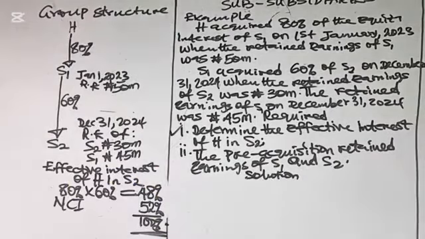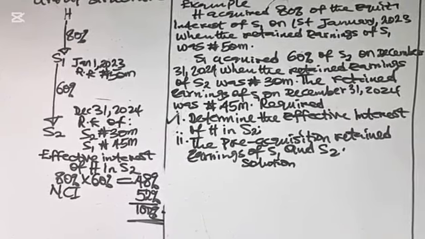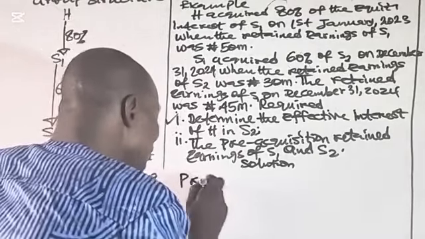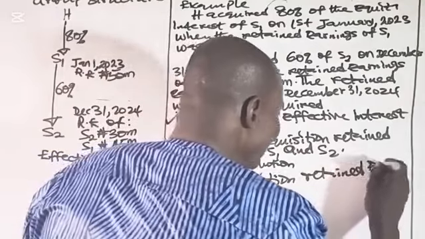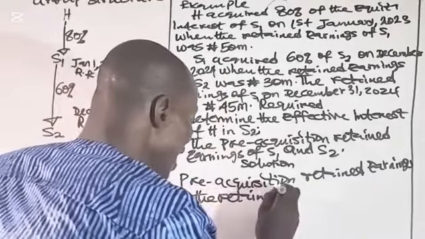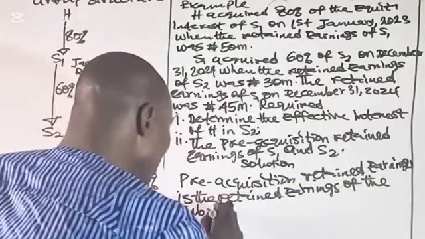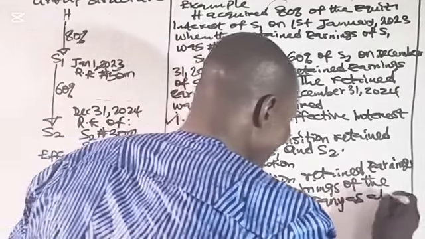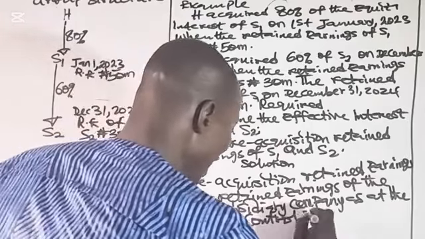The pre-acquisition retained earnings is the retained earnings of the sub-subsidiary company as at the date the control is achieved.